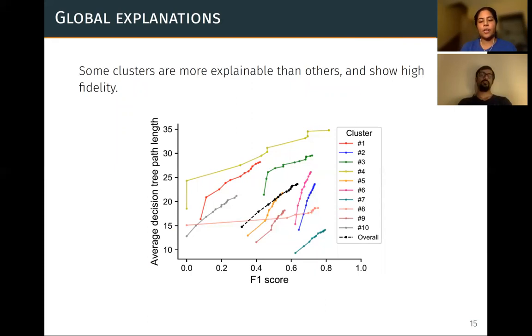We see that for some clusters, we were able to achieve high F1 scores at a much easier level of explainability compared to others, implying that it is possible to generate easier explanations for them, whereas for other clusters, we needed higher and more detailed explanations to get the same amount of fidelity.